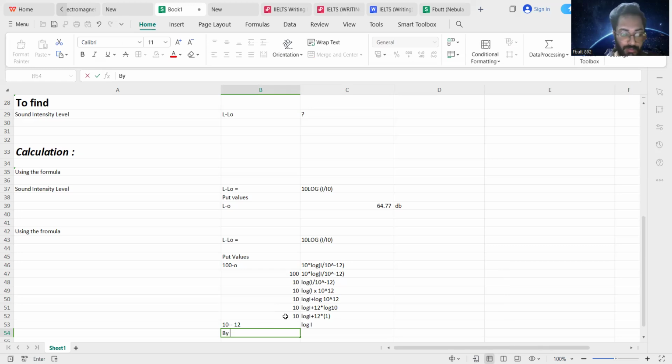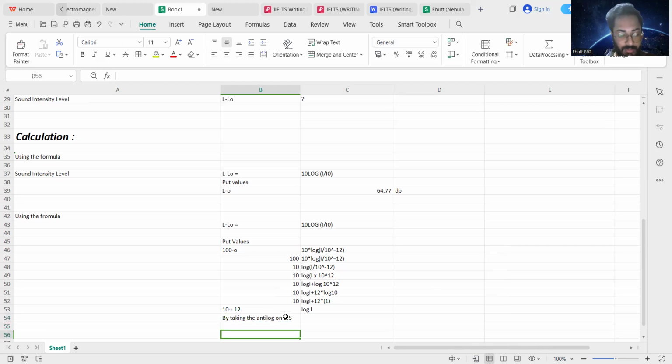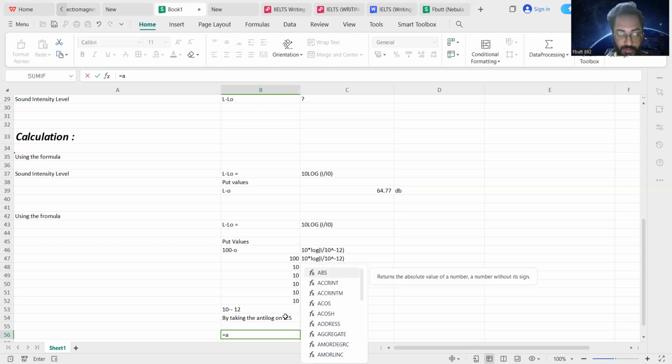So by taking the anti-log on both hand sides, 10 minus 12 is equivalent to minus 2.